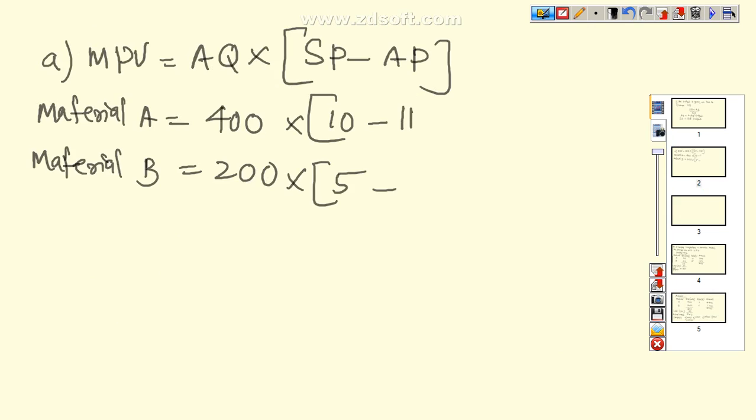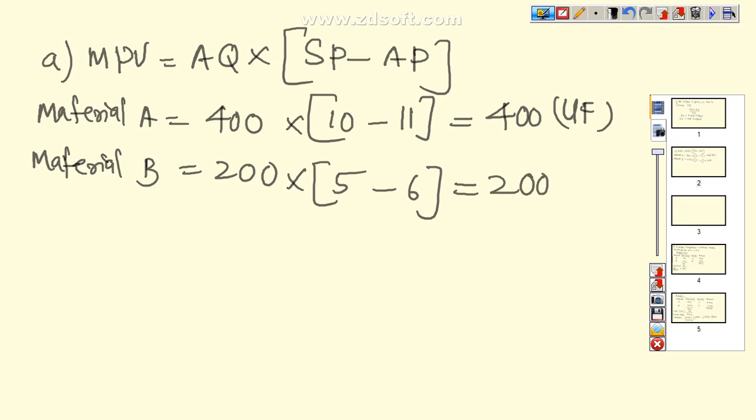So we write here 11, here 6. The answer for material A is 400, negative, so we write unfavorable. For material B it is 200, again negative, so unfavorable. The final answer is 600 unfavorable.